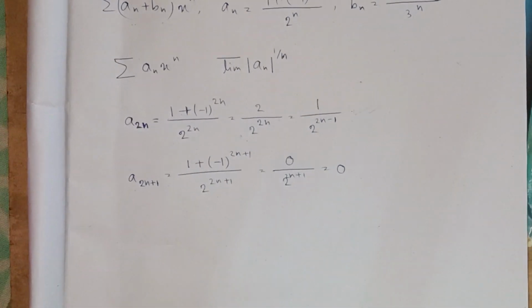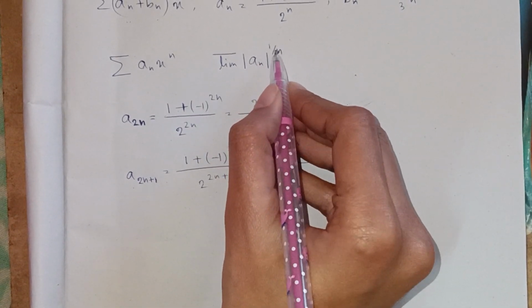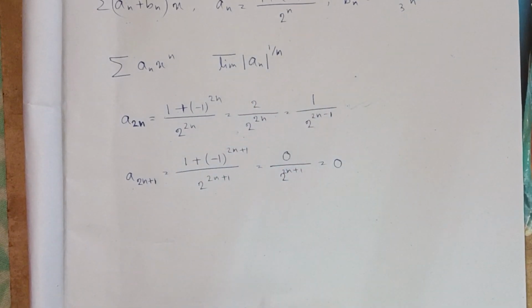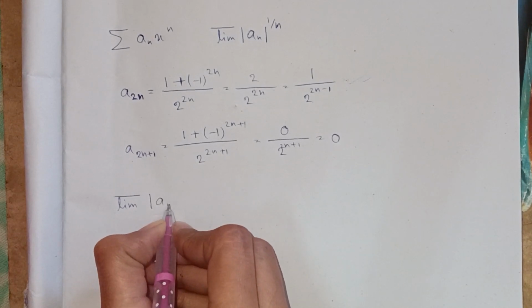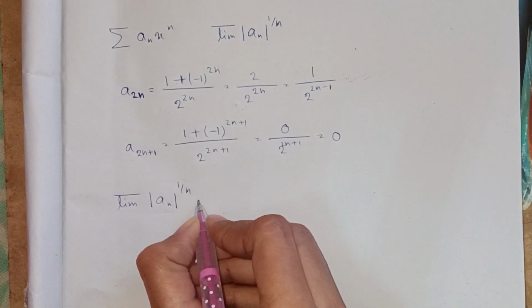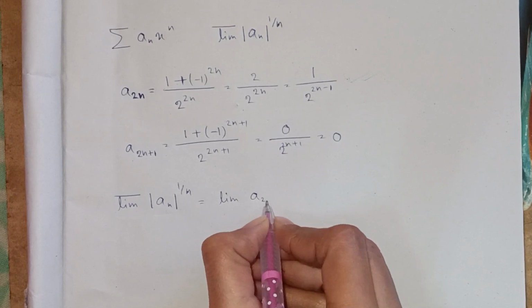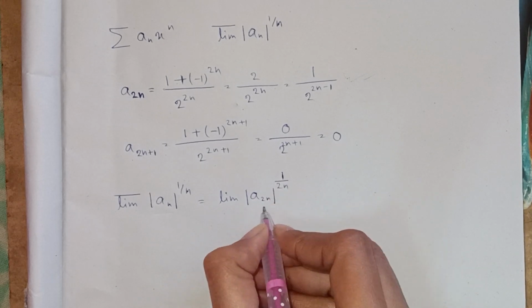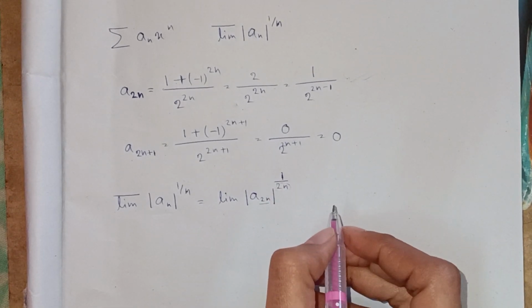Why? Because see, here the power is 1 over n when the suffix of a is n. So if we want to find the limit superior of mod an whole to the power 1 by n, then it will be equal to limit of the subsequence mod a2n whole to the power 1 over 2n. See, the suffix here and the denominator of the power both are same.